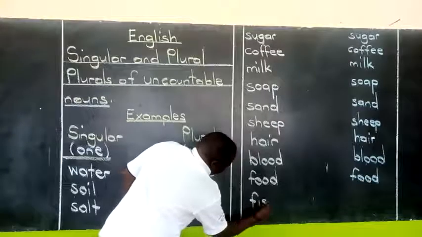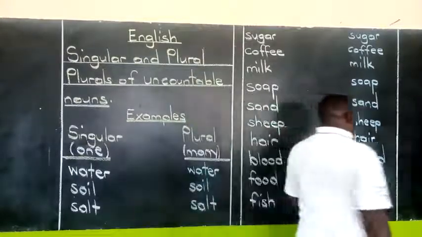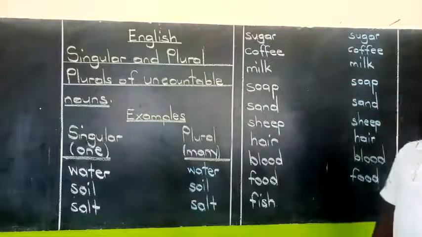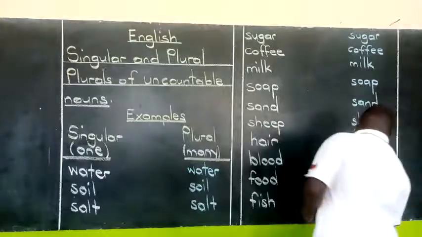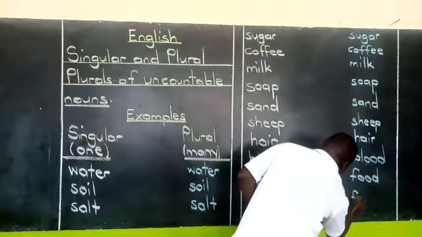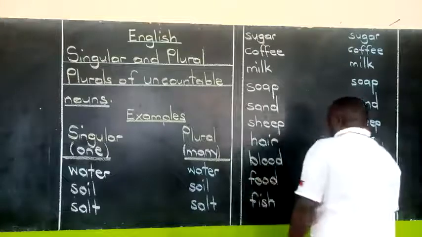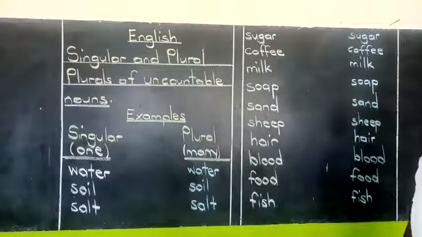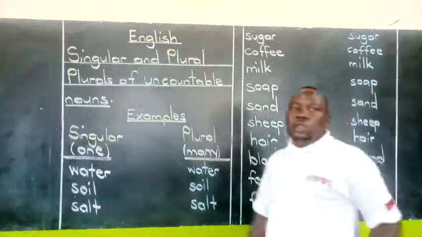Fish, it is among those ones that they don't change, they remain the way they are even in their plural forms. Fish, we have fish. So fish remains as fish. Don't say I have 1 fish, 2 fishes.